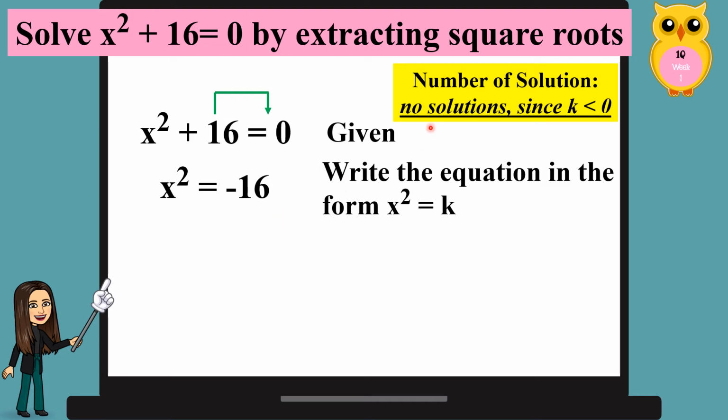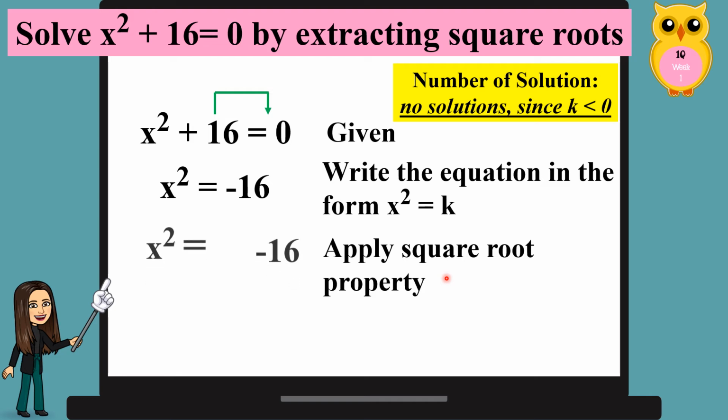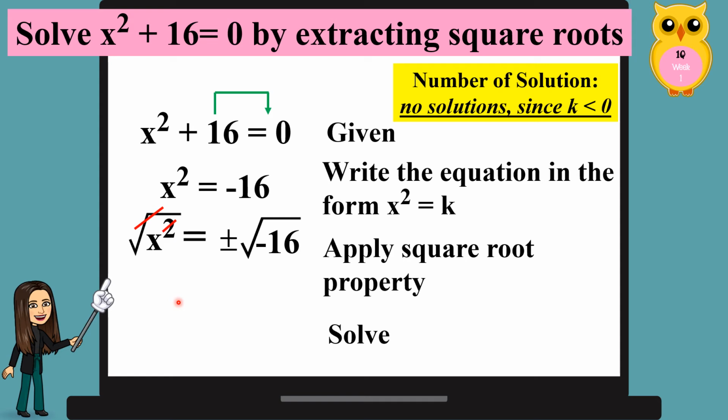So, wala po tayong makukuha diyan na solution. Okay? Since the value of our k here is less than 0, we still apply the square root property. Copying the given quadratic equation, lagyan po natin ng radical sign. Okay, so cancel, or let us now solve.